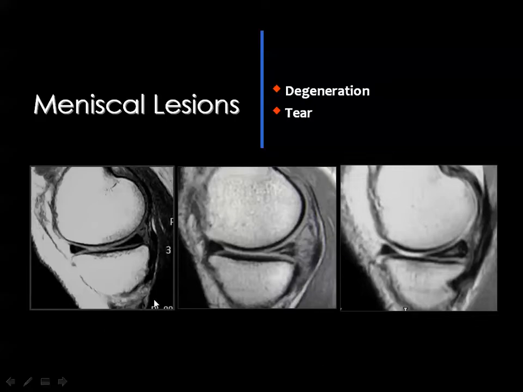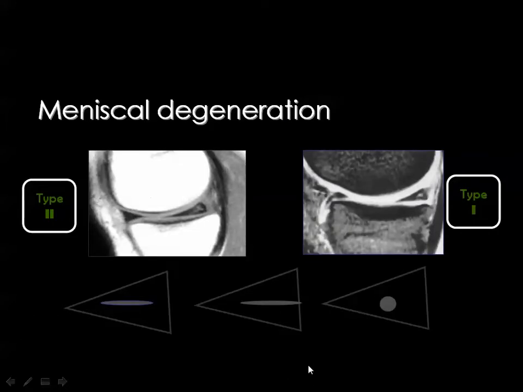We also said that the meniscal degeneration is an abnormal signal within the confinement of the triangle, does not affect the superior articular surface nor the inferior articular surface, but the meniscal tear will extend to involve the inferior surface or the superior surface or both surfaces of the meniscus.